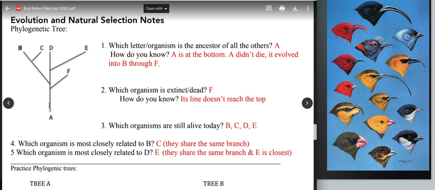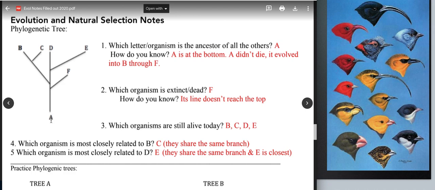A continues up this main trunk here, and A evolves over time. Some of A fly away to a different environment, and they evolve into species B. And then species D evolves, because this is A after it has evolved, and this takes place over millions of years.